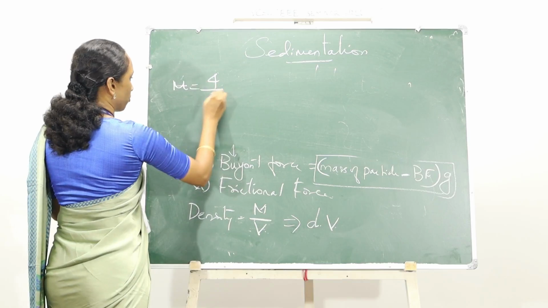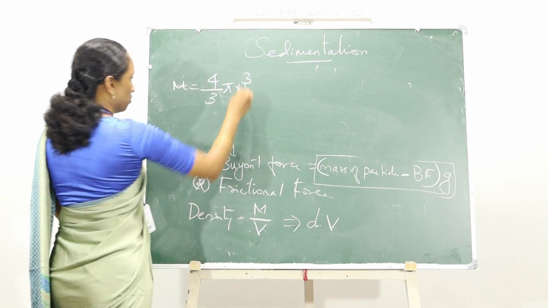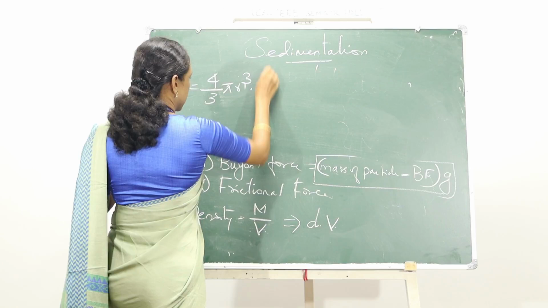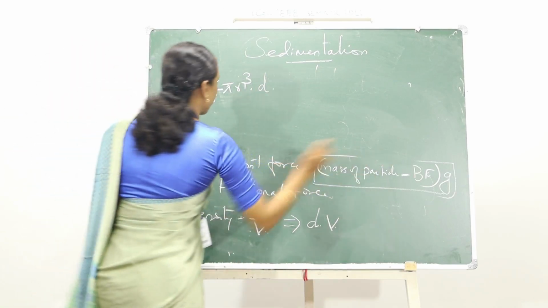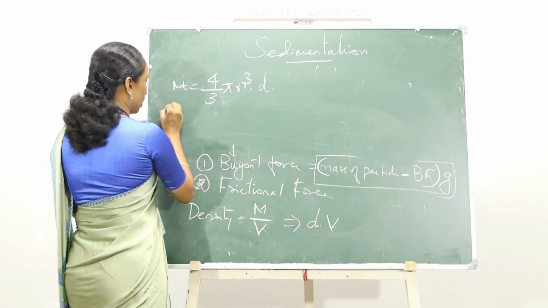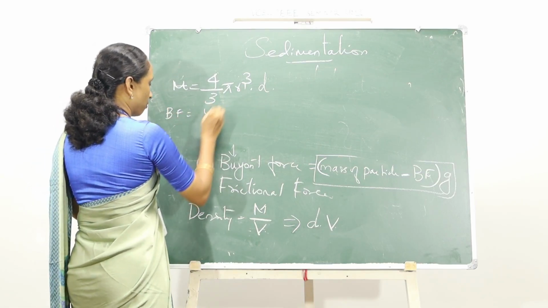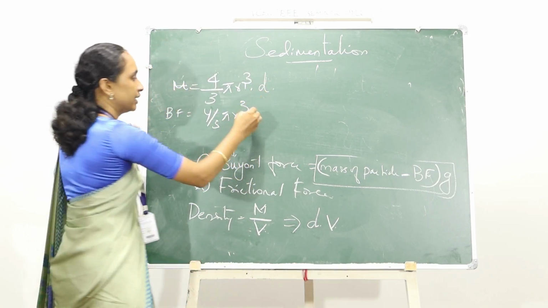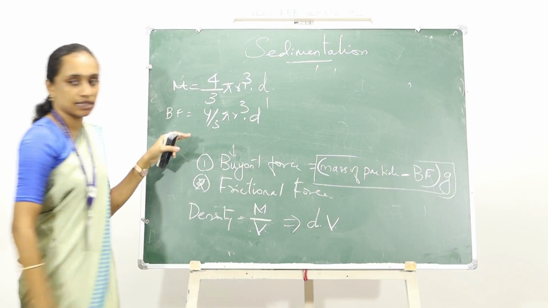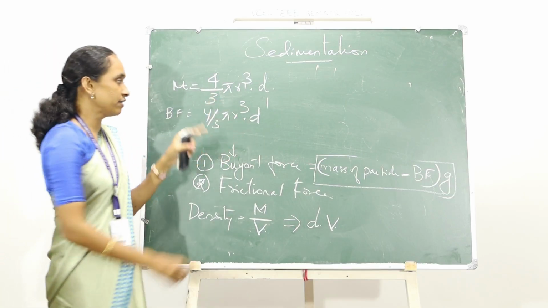Volume is 4 by 3 pi r cube, so mass is 4 by 3 pi r cube into density. This is the mass of the particle. For the buoyant factor, it is the same, 4 by 3 pi r cube, but instead of d it is d dash. D dash is the density of the solvent which we use.